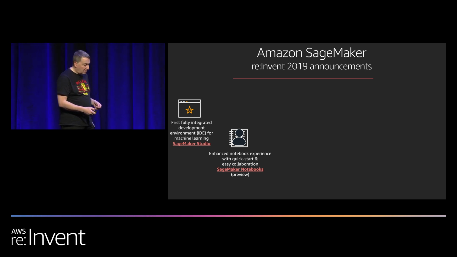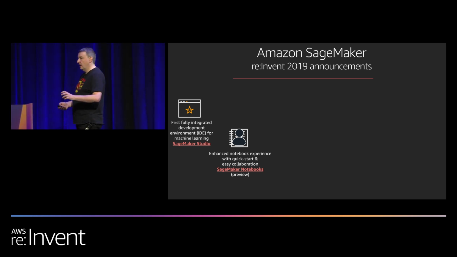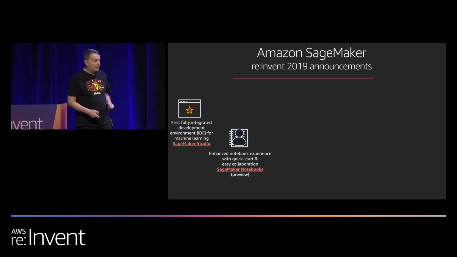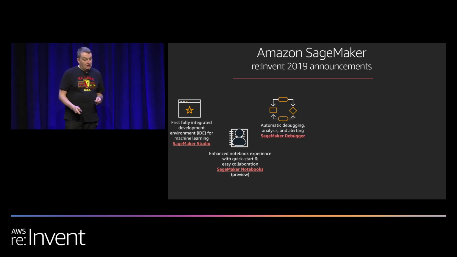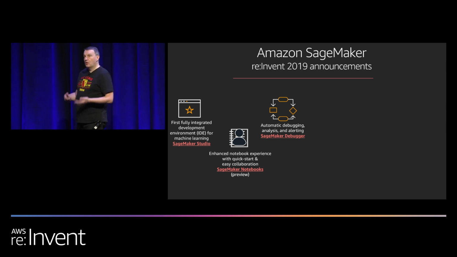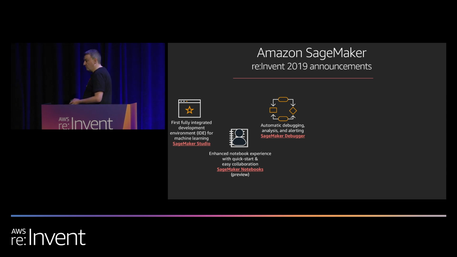And you can also switch really easily from one hardware configuration to the next without having to rerun the notebook. So it's in preview, but I'm hoping it goes GA very quickly because this is, again, for productivity, a great boost.